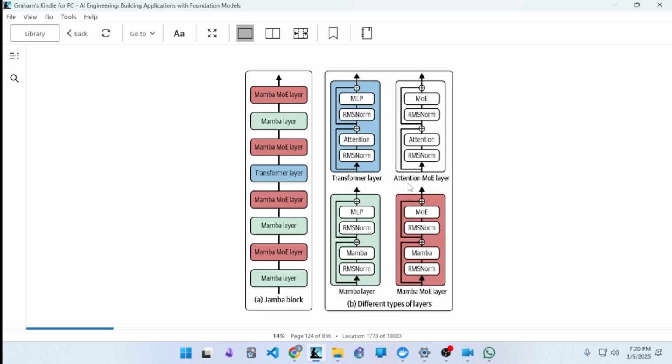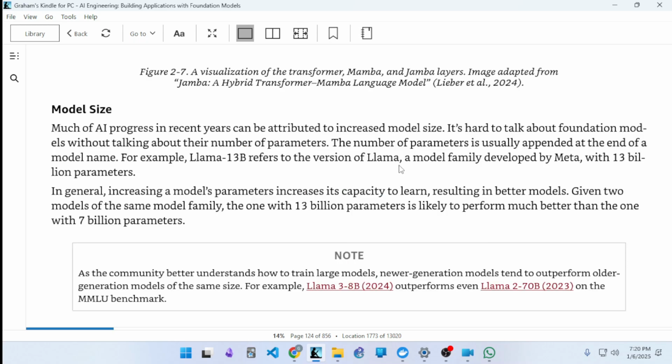There's the Transformer layer, Attention MoE layer, Mamba layer, Mamba MoE layer. I won't read the details for that. All right, so Figure 2-7 showed a visualization of the Transformer, Mamba, and Jamba layers. The image was adapted from "Jamba: A Hybrid Transformer-Mamba Language Model."